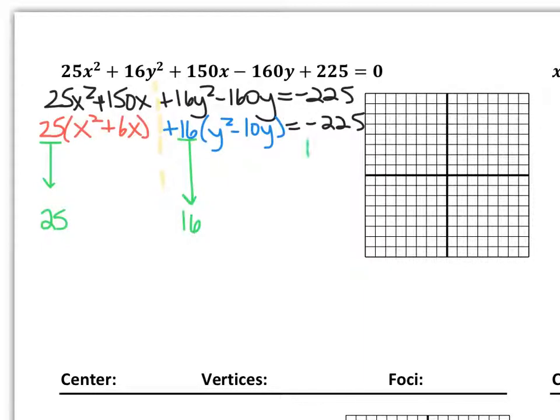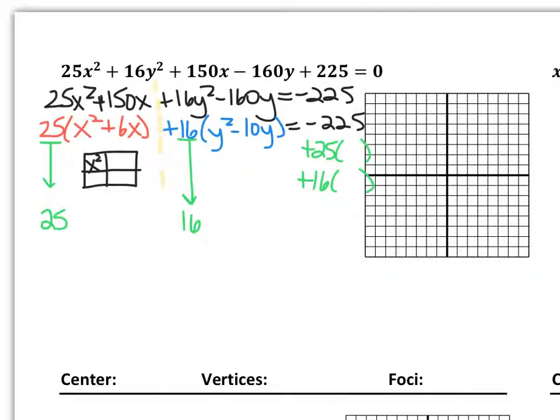I'm going to be adding 25 times whatever's in my box, adding 16 times whatever's in my box. So I set up all of that at this step. Now we're going to complete the square like we did with circles or when we were finding the vertex. If you can start moving and not needing the box, that would be a great thing at this point. But if you still need it, it's there for you.